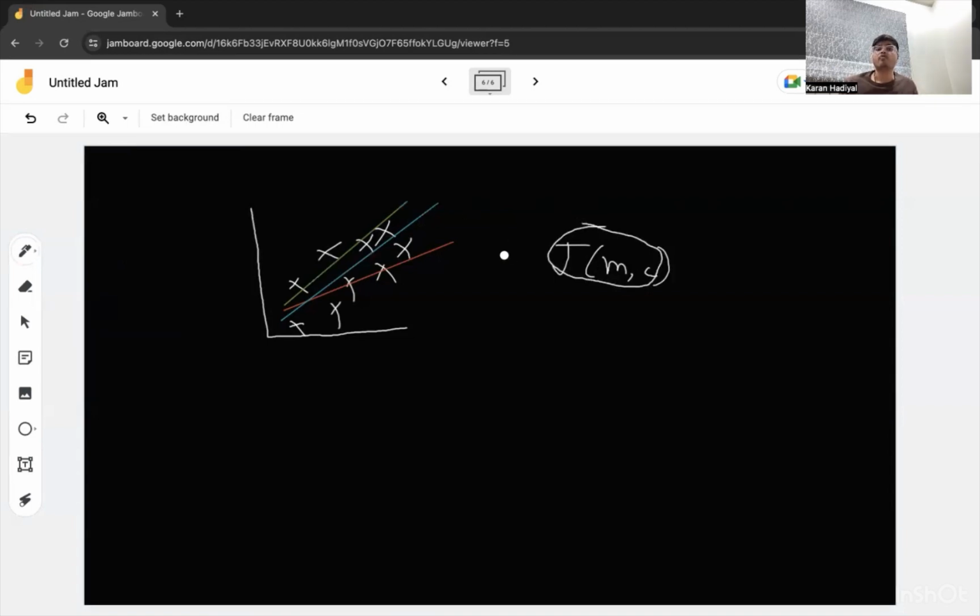But we can have infinite lines, because there are infinite values of m and infinite values of c. The line which has the minimum value of this cost function is the best fit line. So again, the goal of linear regression is to find such m and c which minimize this cost function.